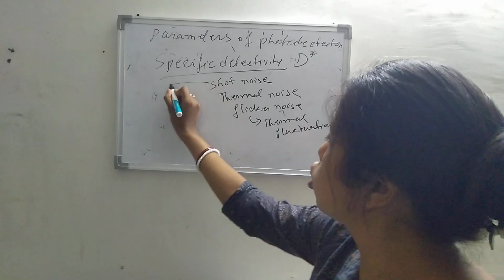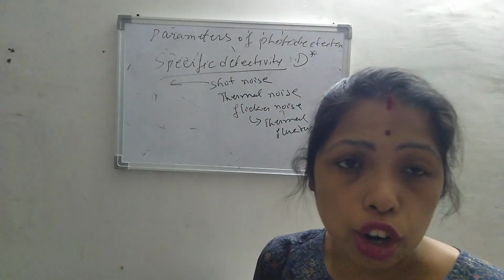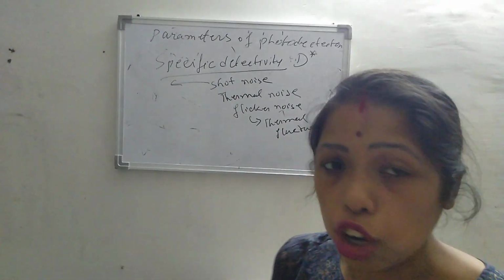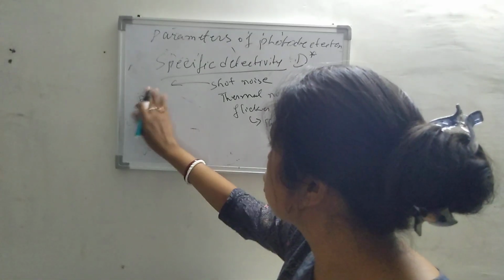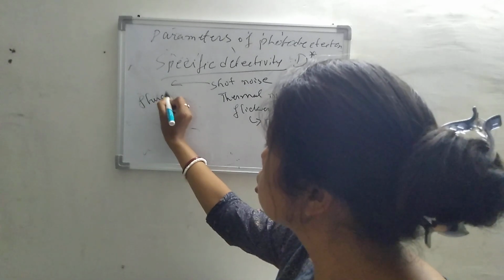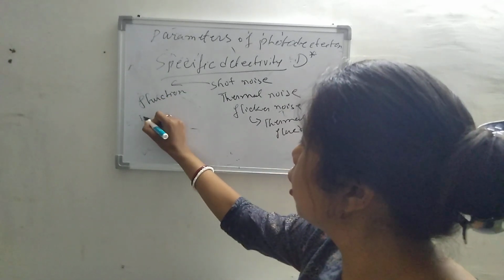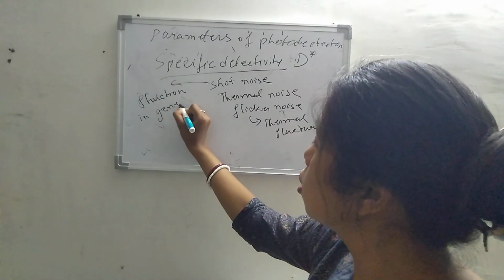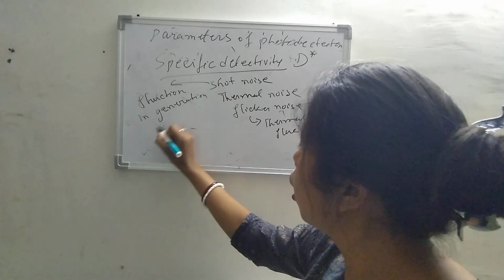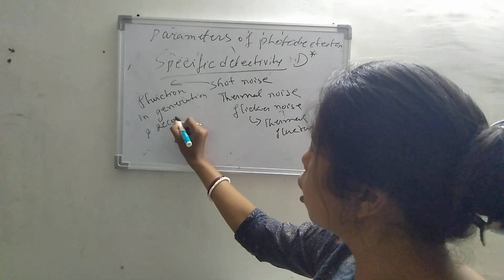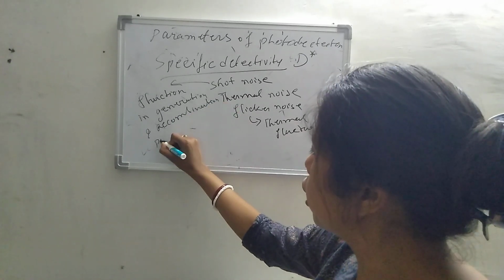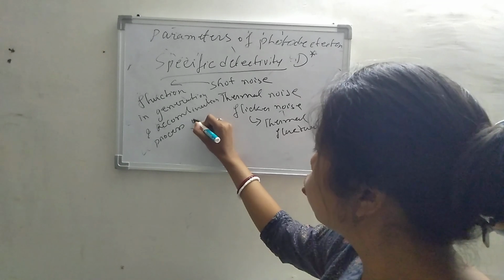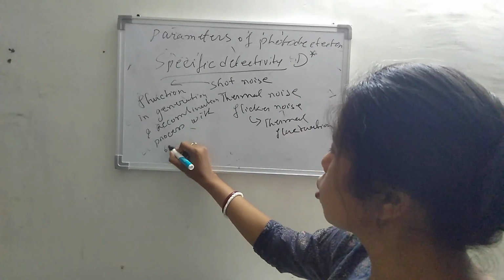Now coming to the shot noise. What is the shot noise? When do we get the shot noise? This is the random fluctuation in the generation and recombination process with bias condition.